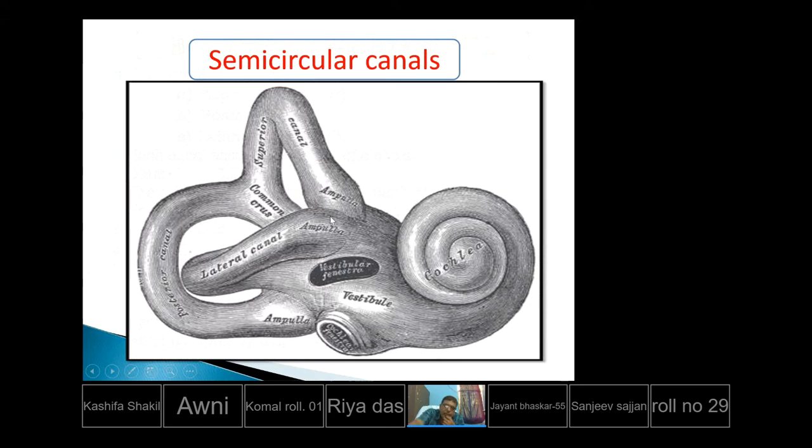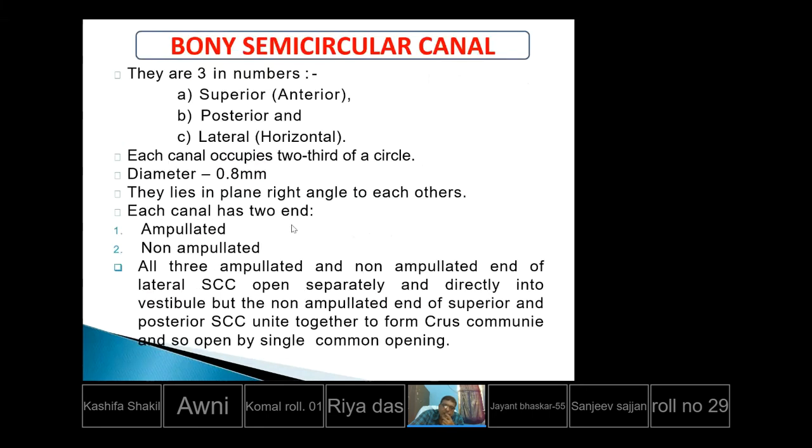So all 3 ampullated ends of the 3 semicircular canals open over the posterior and superior surface of the vestibule, but the non-ampullated ends of the posterior and superior semicircular canals unite together to form the crus commune, and so open by a single common opening.